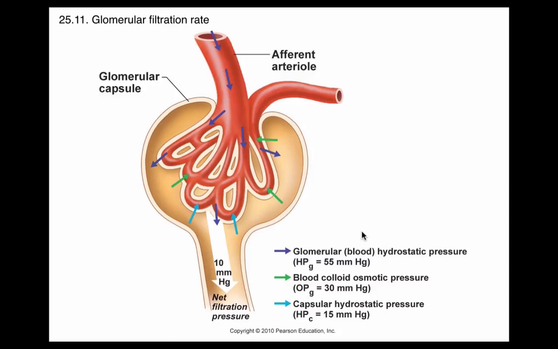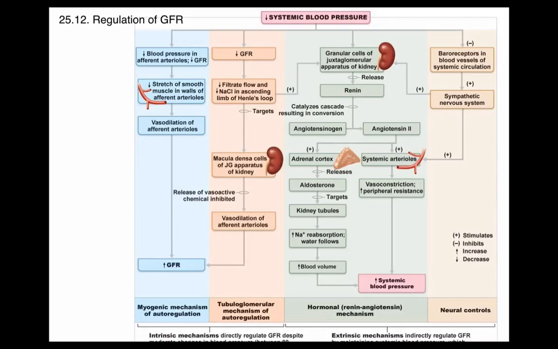So just to walk you through this, this is a big figure in your textbook that you're going to want to work through on your own, but suffice it to say, the glomerular filtration rate is the volume of filtrate that's formed per minute by both kidneys.